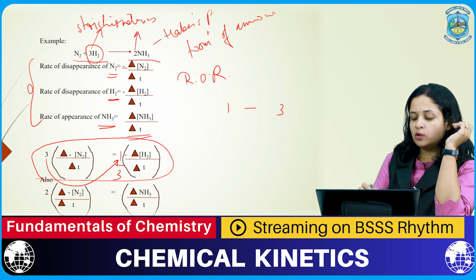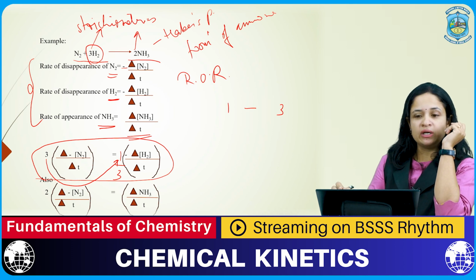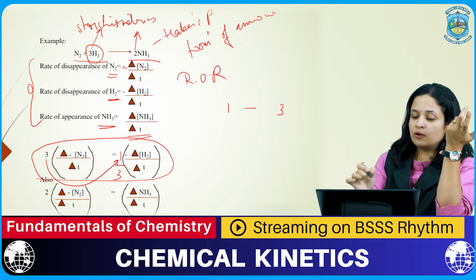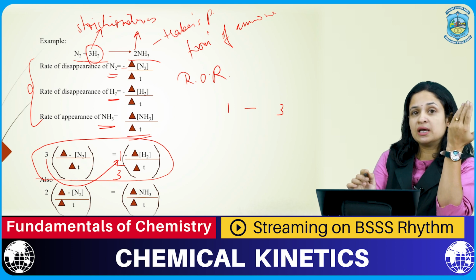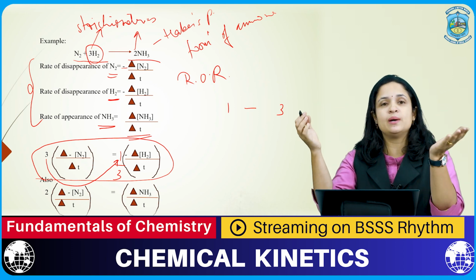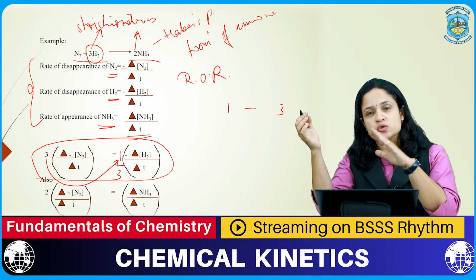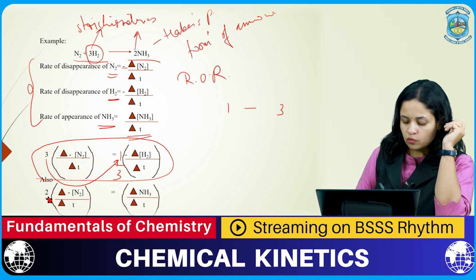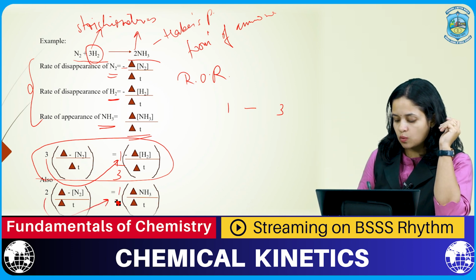And if I talk about the analogy between nitrogen and ammonia, it is the same over here. The rate with which ammonia is being formed is twice the rate at which nitrogen is being reduced. So, when I bring this 2 from the left hand side to the right hand side, it becomes 1 by 2.